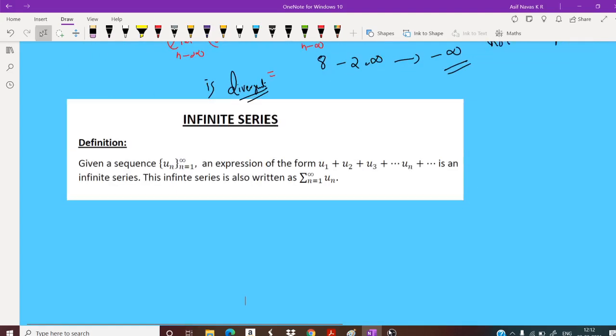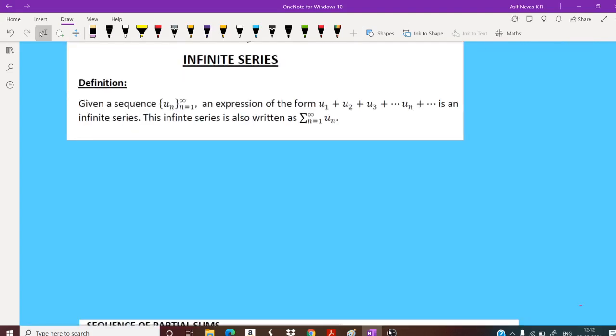Now we will move into what is an infinite series. This is a very important topic. So, the definition: if you are given a sequence un, n equal to 1 to infinity, an expression of the form u1 plus u2 plus u3 plus etc., un plus etc., is an infinite series.